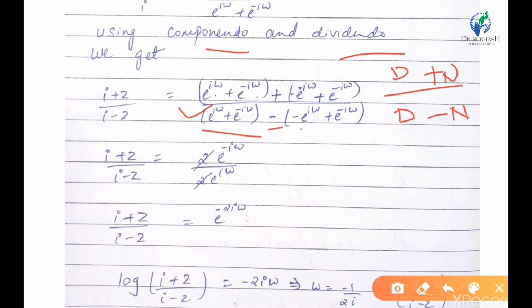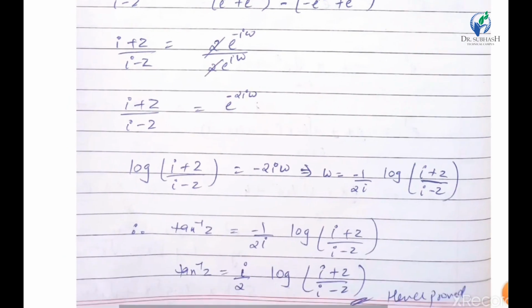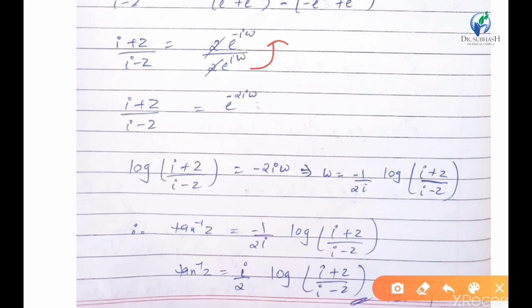Here we get a minus sign, and the rest portion will be this. On simplifying this term, we get 2e raised to minus iw upon 2e raised to iw. This 2 will get cancelled, and we take e raised to iw to the numerator part. We get e raised to minus 2iw.